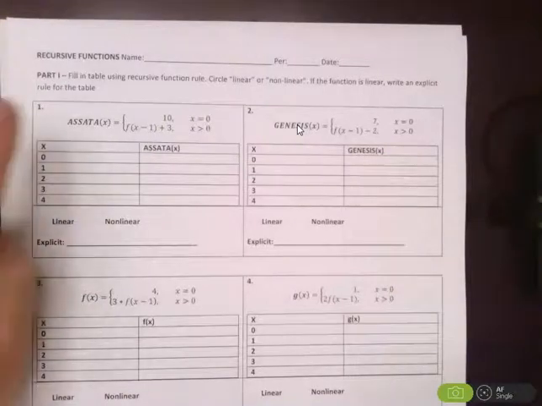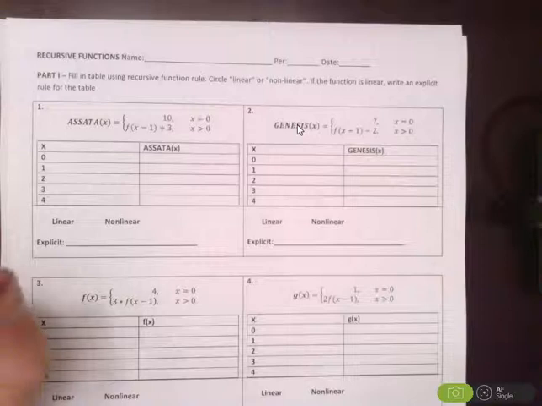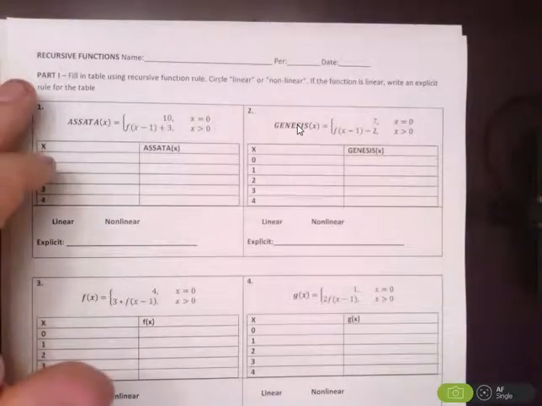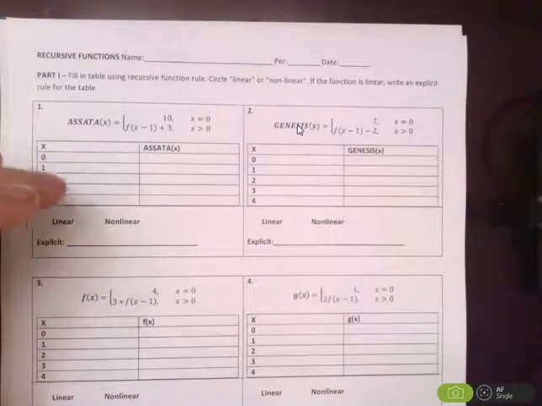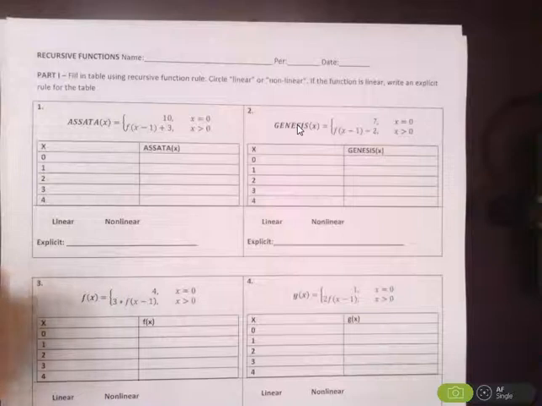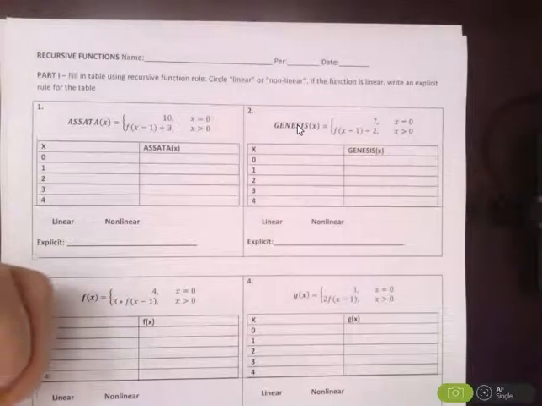It's recursive functions, and recursive is kind of a fancy word for functions that use the prior entry. They use an earlier output value to figure out the next value.